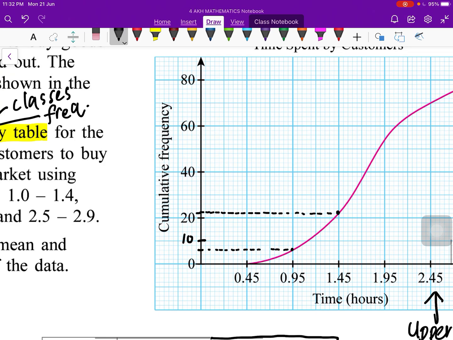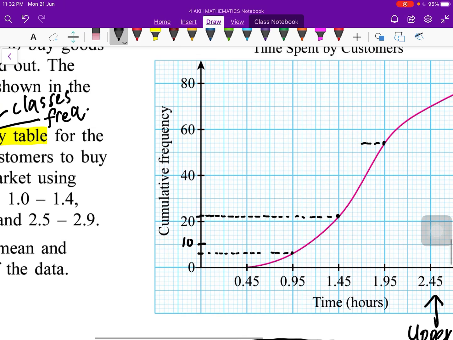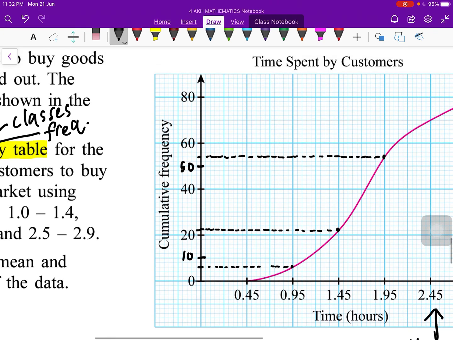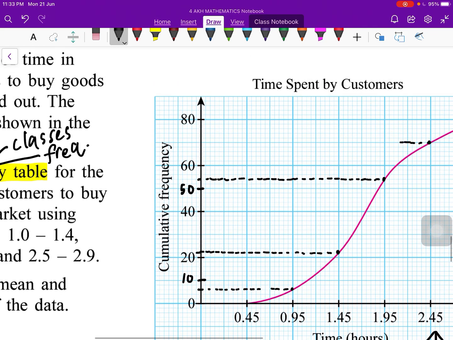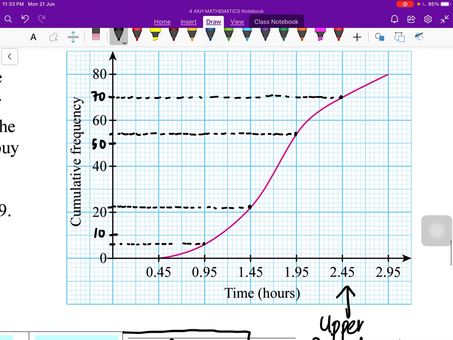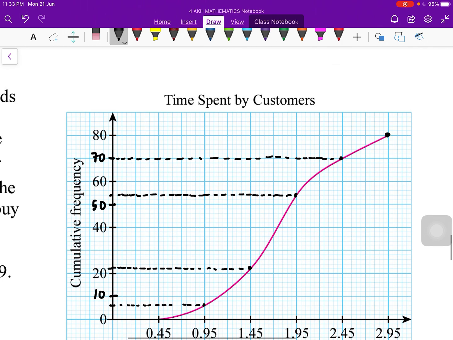And then 1.95 is kat sini 50, so it is actually 54. And then 2.45 is actually 70. And 2.95, finally dia akan atas sekali, which is going to be 80.